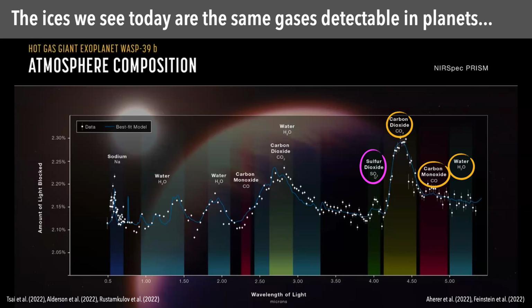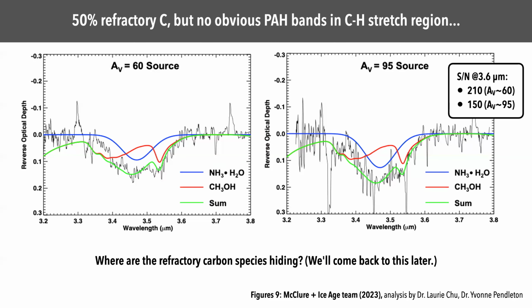So we have SO2, carbon dioxide, carbon monoxide, and water. So there's a really critical connection between the icy grains that we see in these cold regions and exoplanets.